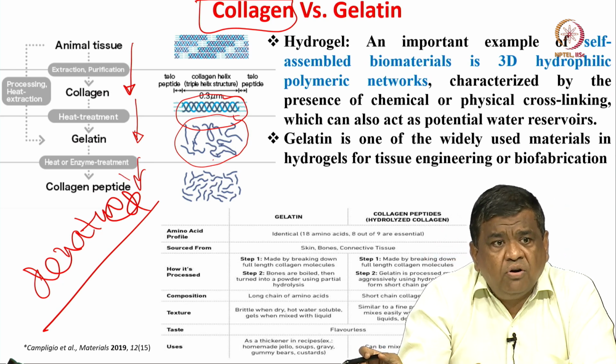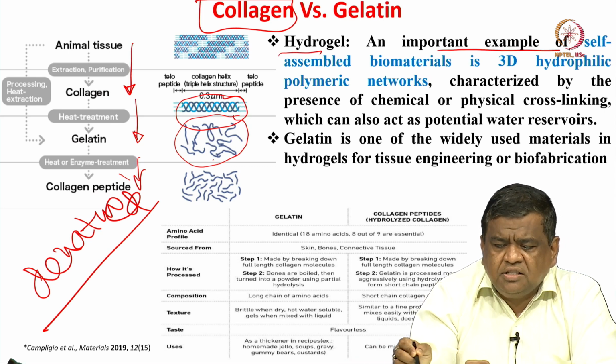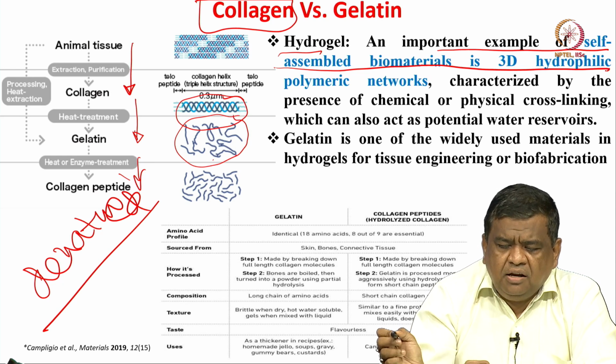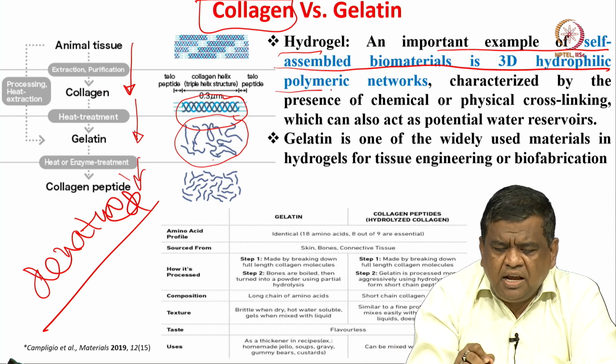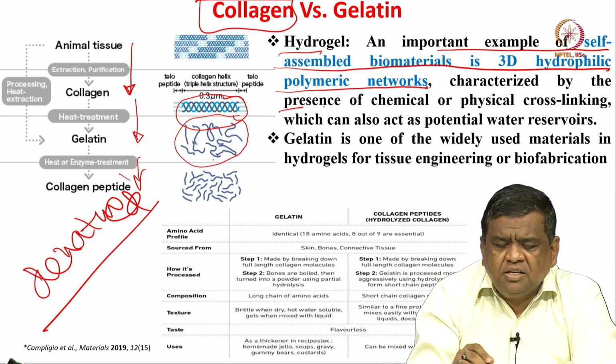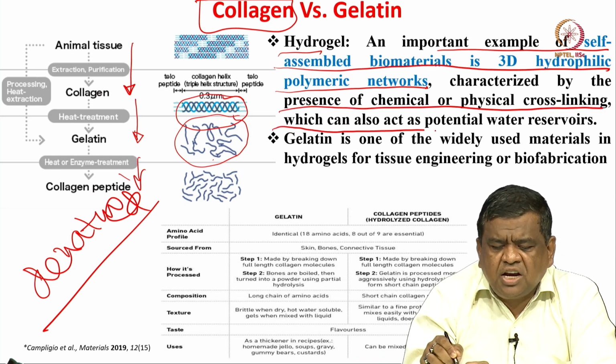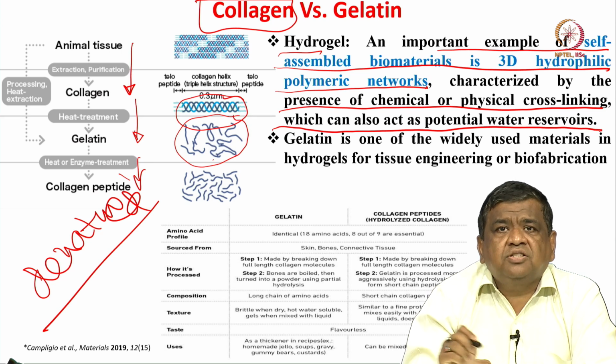So, scaffolds are primarily made up of hydrogel, and a hydrogel is an example of self-assembled biomaterials. It contains a 3D hydrophilic polymeric network, characterized by the presence of chemical and physical cross-linking, and can also act as a potential water reservoir.